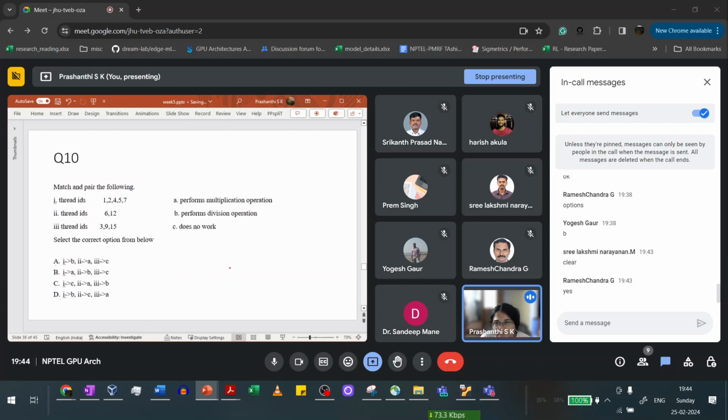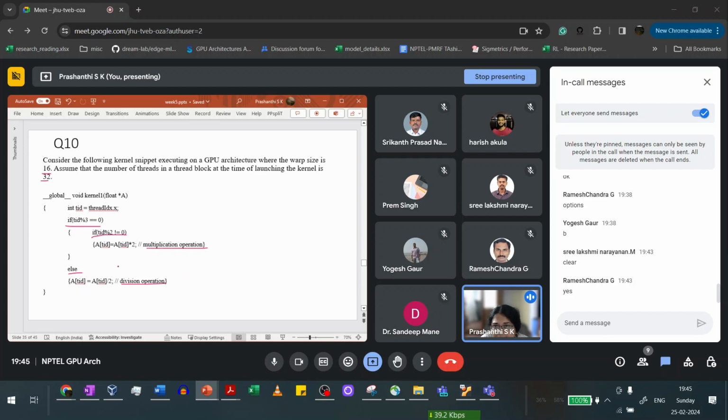Now your question says match and pair the following. Thread IDs 1, 2, 4, 5, 7, 6, 12, 3, 9, 15. Your operations are performs multiplication, performs division, does no work. And here are your 4 options. This is a lot of information, but let me see. If it's possible to maybe copy just this part, then that will maybe be helpful for you.